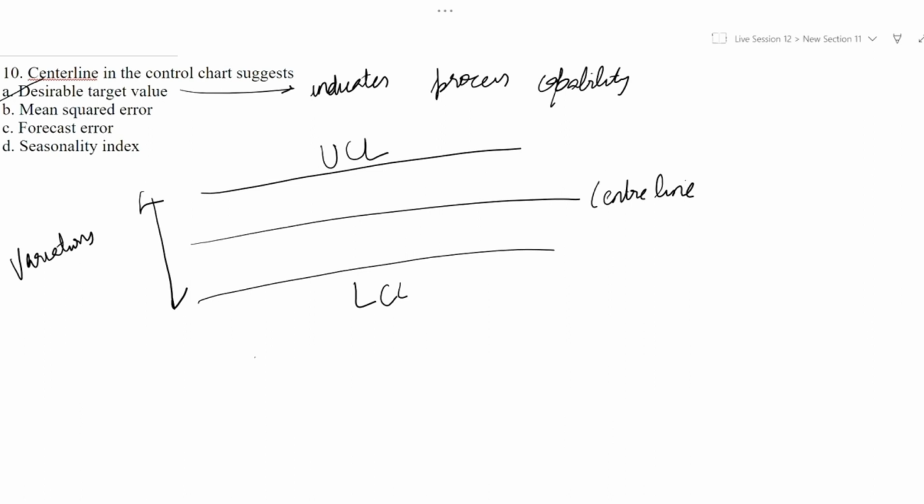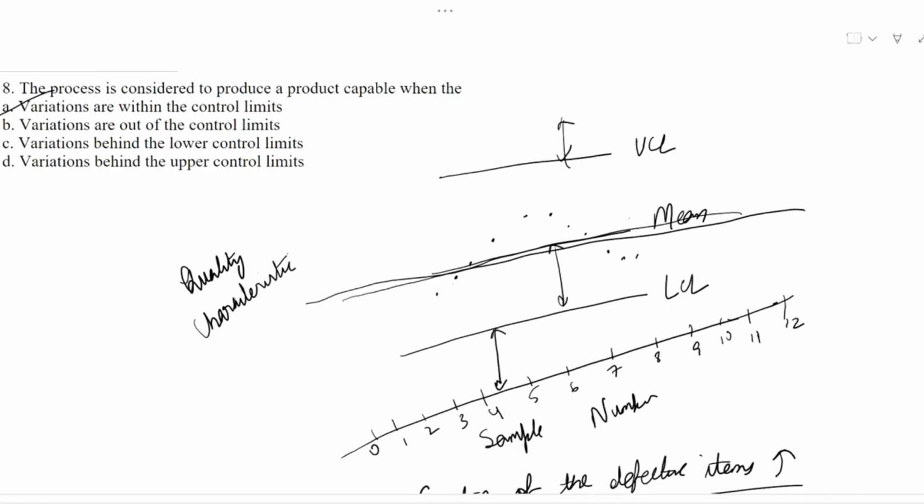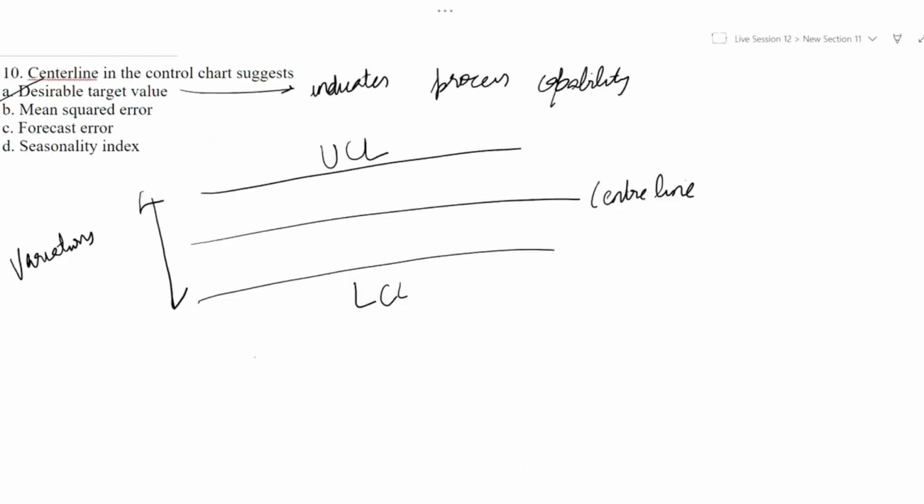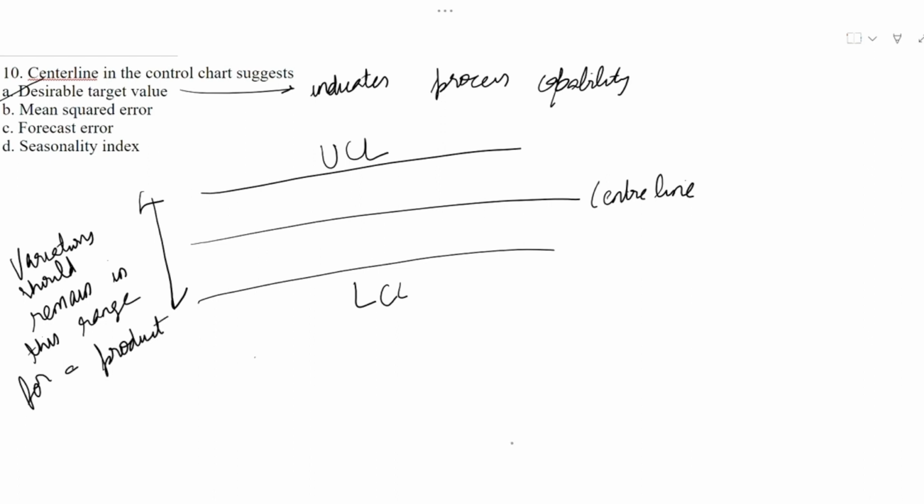As we learned from the earlier question, variations should remain within this range for a product to be capable.